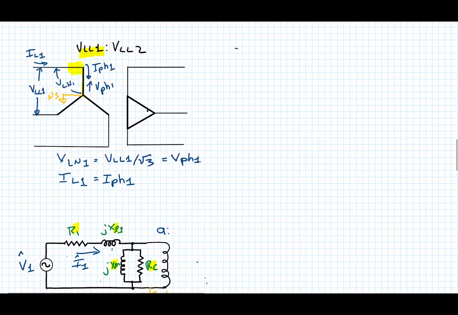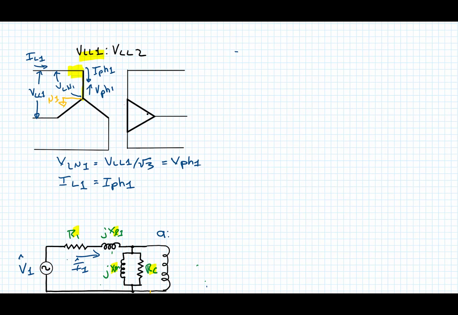Well, if we look on the delta side, we have a phase voltage here. It's a little easier. This would be the exact correlating phase voltage to the primary side.